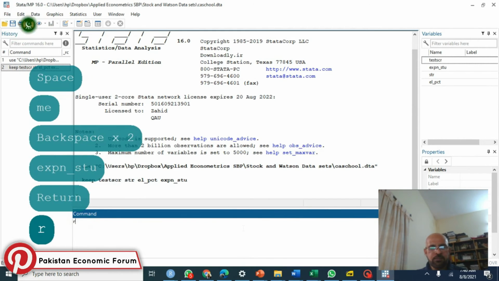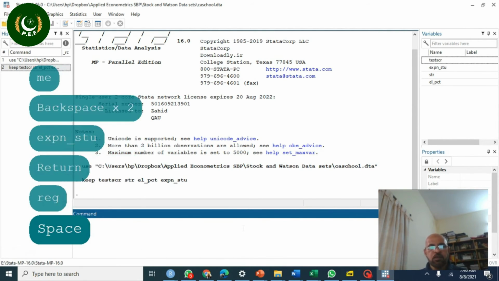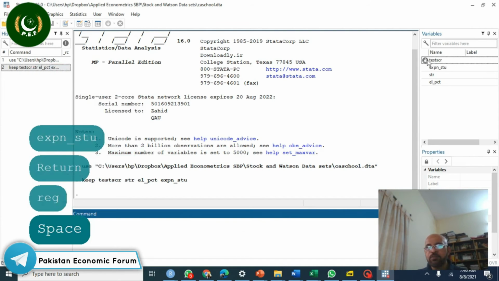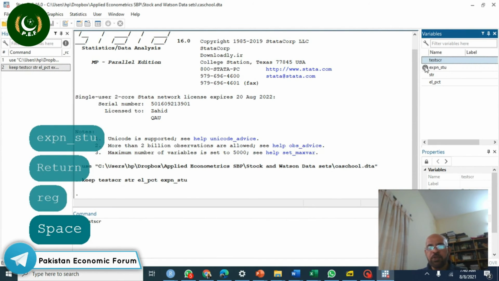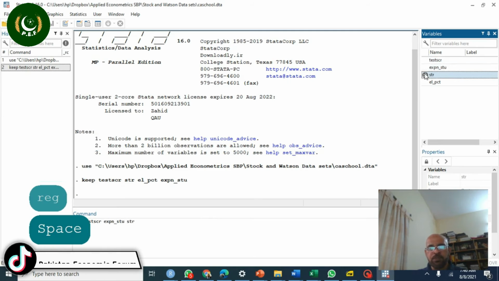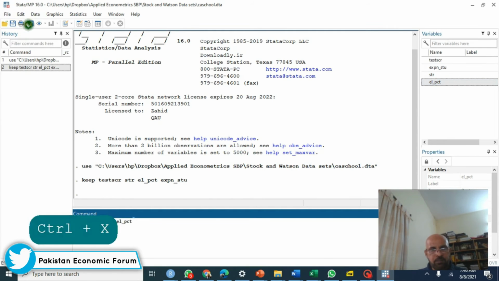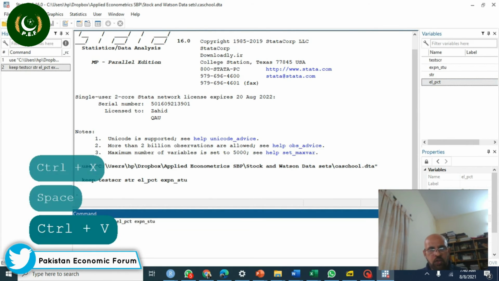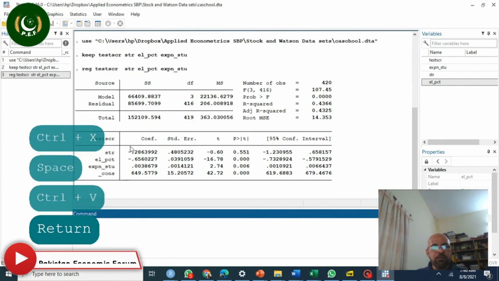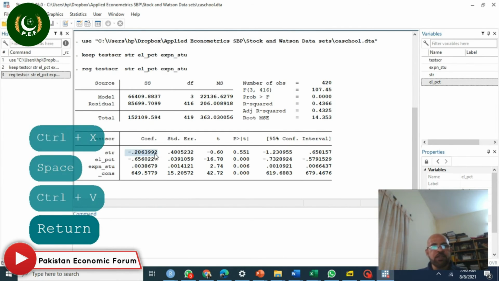Now we regress test score on student-teacher ratio, expenditure per student, and English learner percentage. So let's keep this variable at the end. Now you have the coefficient minus 0.286.